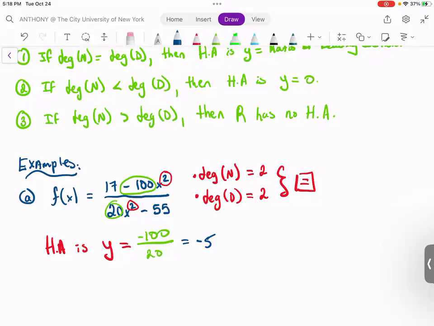Let's try it again. Let's look at another example, so that way you get the hang of it.